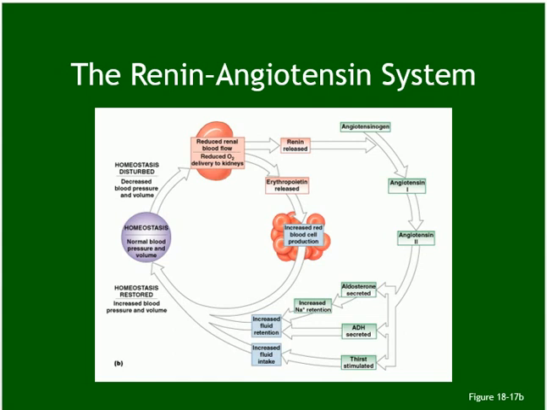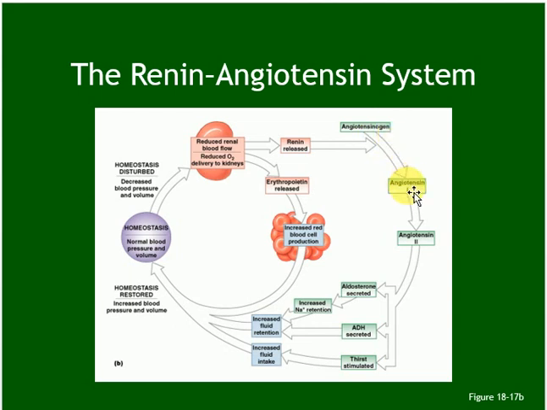Renin will activate angiotensinogen to angiotensin. And the rule of thumb is, when you see gen at the end of any word, know that this is the inactive form of something else. So angiotensinogen is the inactive form of angiotensin. You just remove the gen and you get the active form.